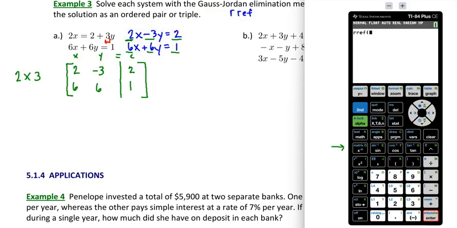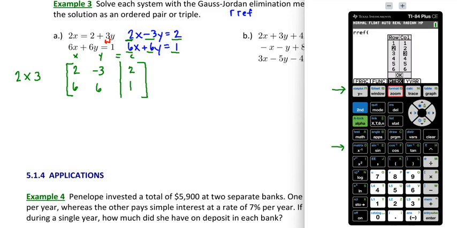So the next thing I need to do is enter the matrix, and we're going to do that from the F3 menu. If you look at your zoom button there on the top row, in green you see F3. To access that F3 menu, I'm going to use my green alpha key and then type zoom. This opens up a matrix menu.